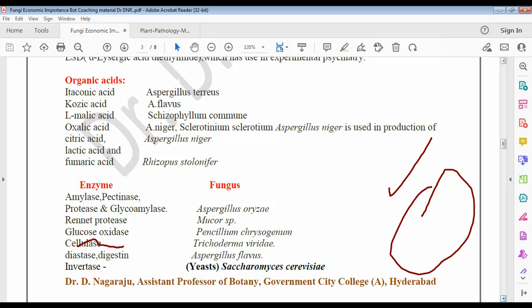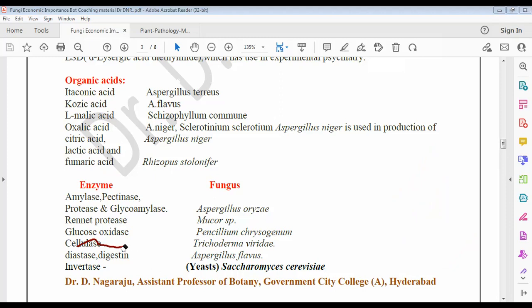And pectinase works on pectins, and proteases on proteins. All these enzymes are prepared using Aspergillus. You know Aspergillus oryzae, it means it is grown on Oryza sativa.